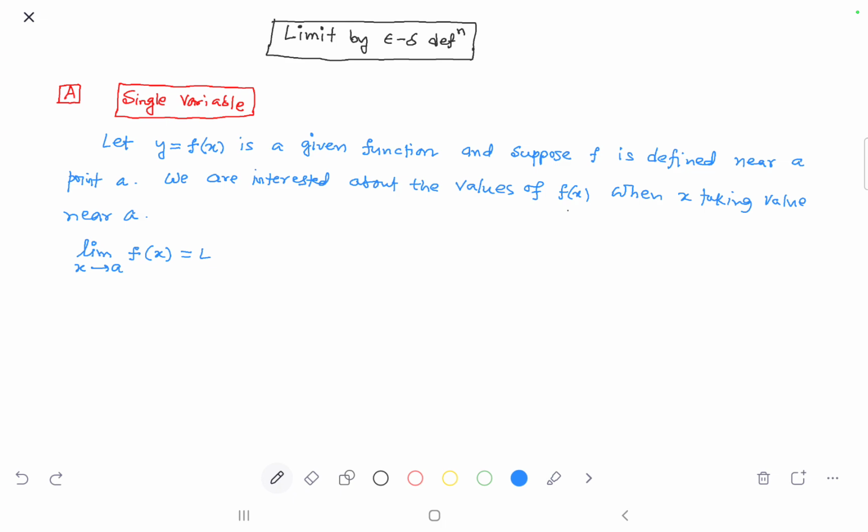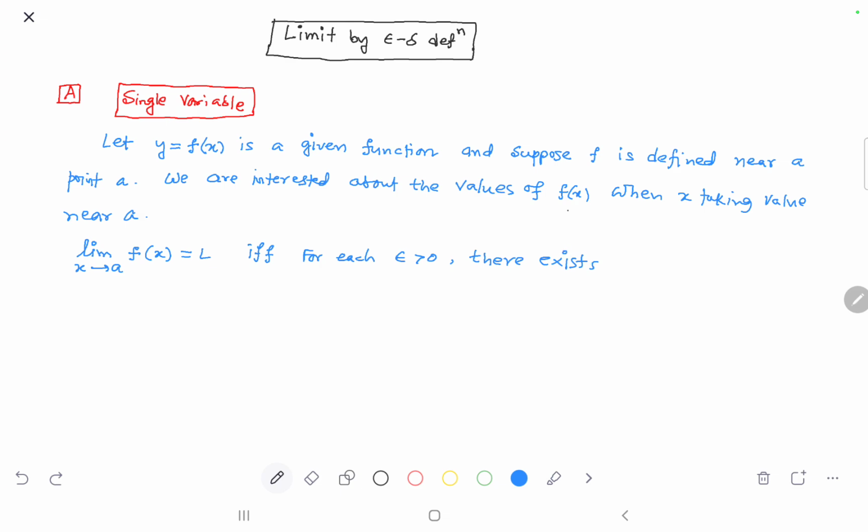Okay, Mayan? Okay. All right. So what will be the definition? We say this limit is L if and only if for each epsilon greater than 0 there exists a delta greater than 0. That delta we will find. We select epsilon and we find a delta.